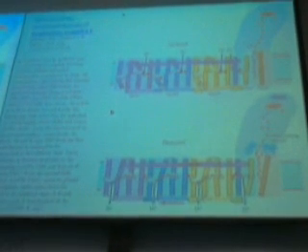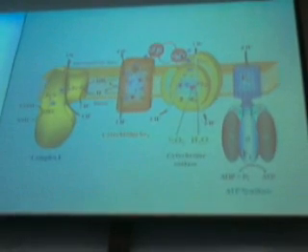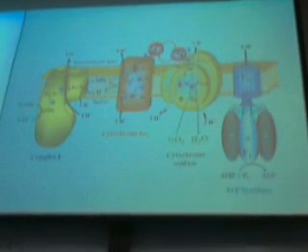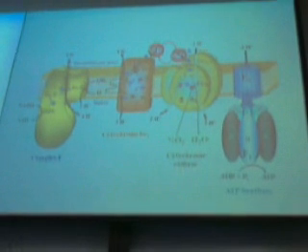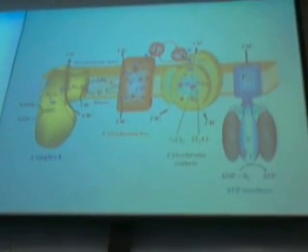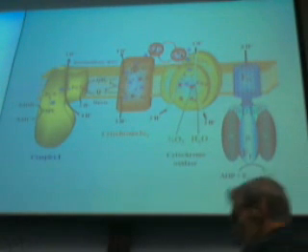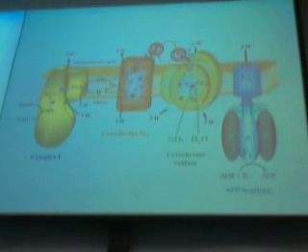Okay, now I'm going to talk about a couple of other topics that are related to this that have more medical significance. One of the problems with the whole mitochondrial respiratory chain is that we have electrons that are highly reducing. And I talked to you a little bit about that last period.